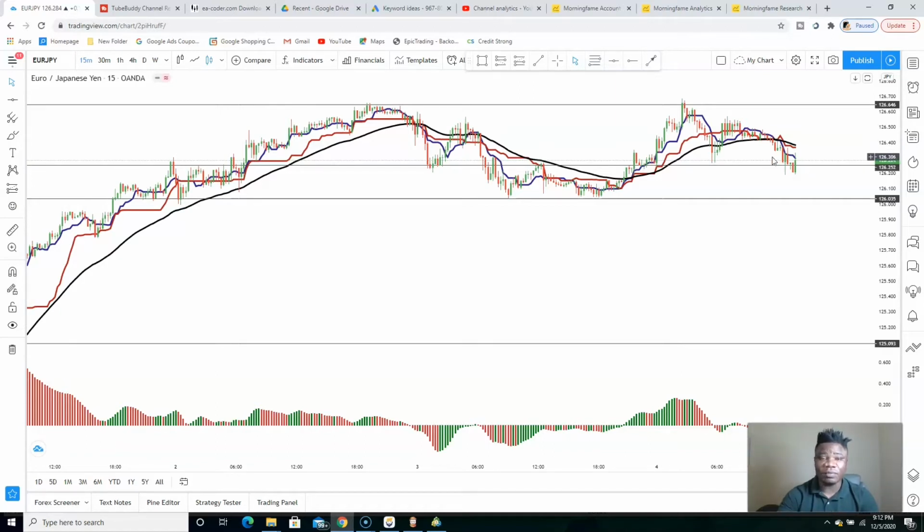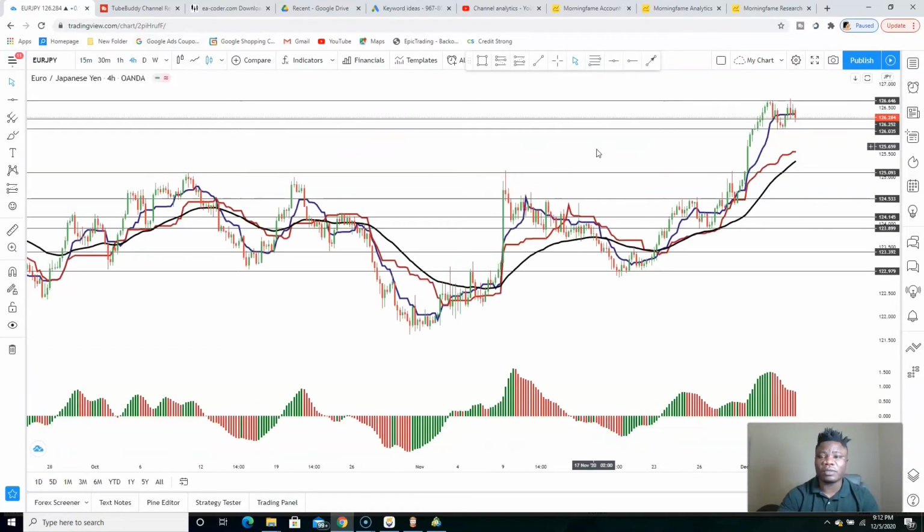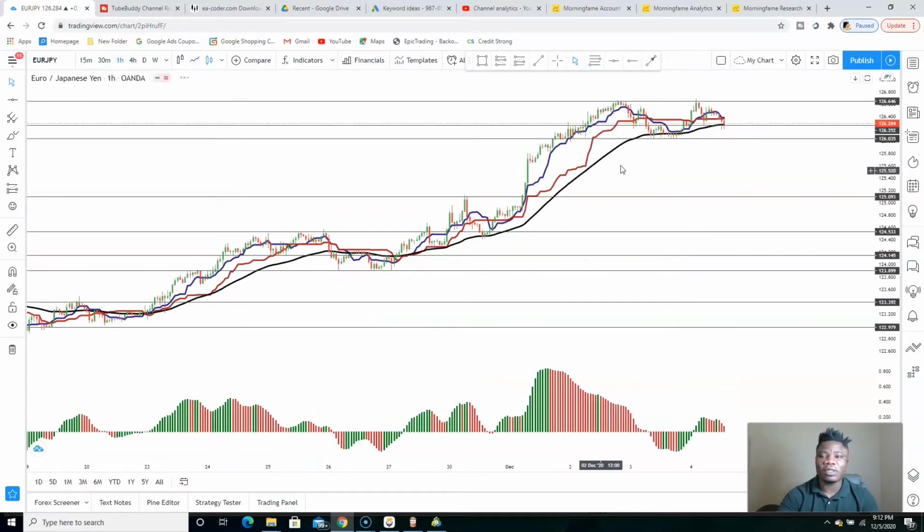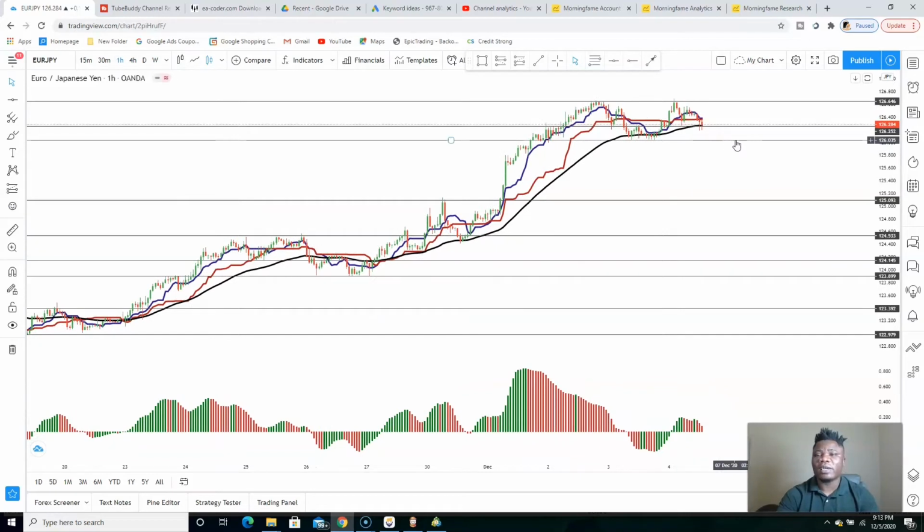Now we can clearly see that that happened, and price is actually below the 50 EMA on the 15-minute time frame. But before you actually place your trade, as you guys can see, we can't even enter this trade yet because it really didn't break this support zone right here. If we go to the 4-hour time frame, the 1-hour time frame, we can clearly see that price has not broken the support zone yet, and it still hasn't broken the 50 EMA yet.